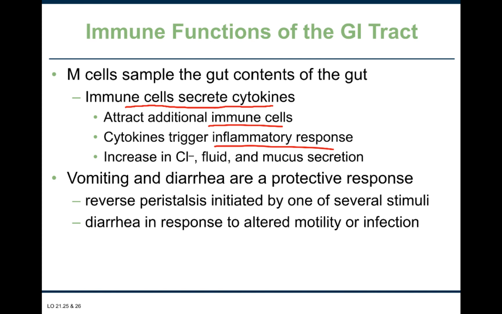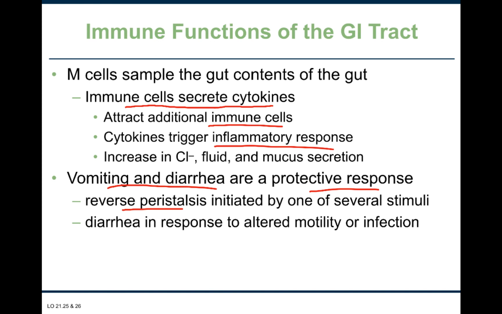And then you may not think of it, but vomiting and diarrhea are protective responses, not both reflexes. Vomiting is a reflex. Diarrhea is not. Vomiting, aka reverse peristalsis, can be initiated by many different stimuli, but in class we can talk about why that's considered a protective response and the evolutionary reasons that we have the ability to vomit.